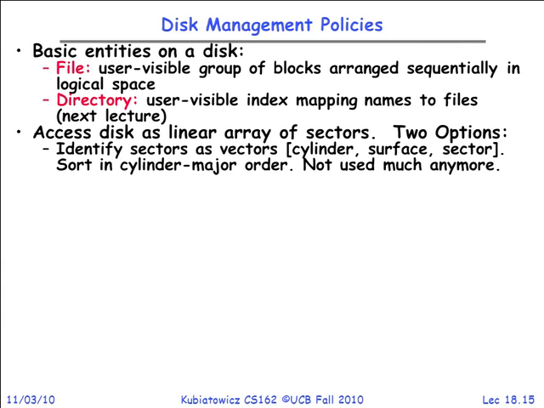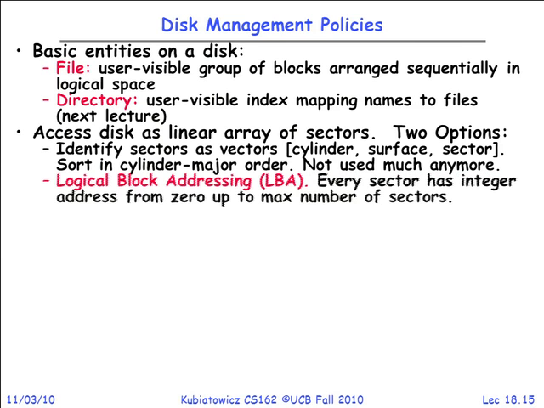640K. And so there's a lot of other numbers that were just way too small. And so disks started getting big, and at some point, it was like, well, we can't name them this way anymore because the BIOS won't know what to do. So then what? Well, you go to something completely different, and you go to what's called logical block addressing, which is every sector has an integer address that starts at 0 and goes up from there, and the disk firmware manages this.